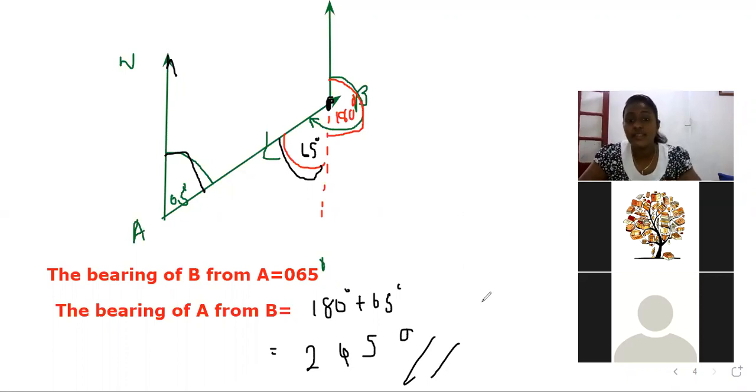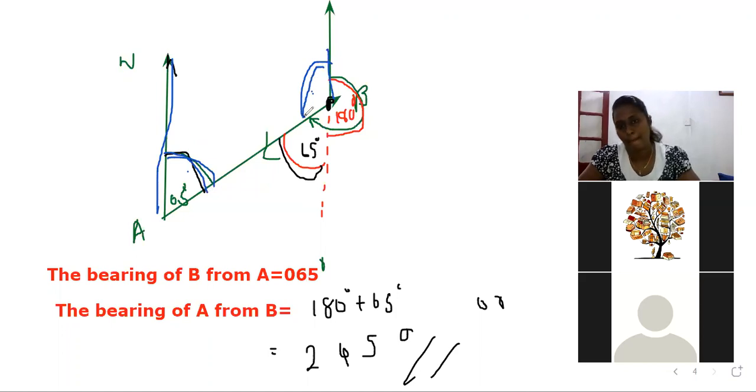If not, there is another way of getting this answer. I told you this line and this line are parallel. As these are parallel, can one of you tell me the relationship between the angles I highlighted in blue? Allied angles. Allied angles are supplementary. Then if this is 65, here it might be 115.